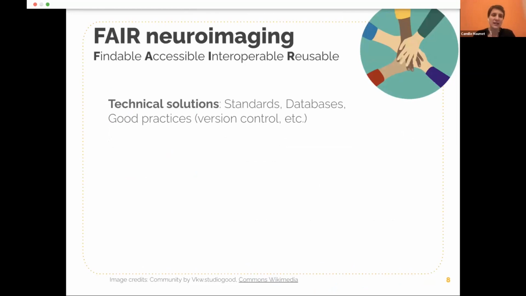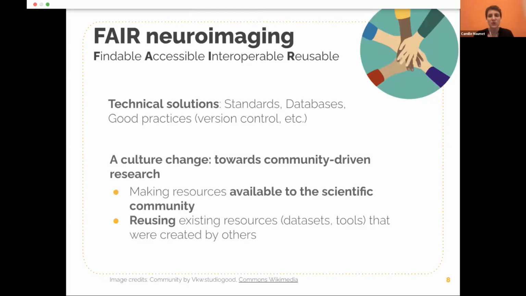But before I start, I want to emphasize that FAIR neuroimaging, as part of open science in general, is also providing a culture change in the research community. So basically by sharing data, the idea is that other people are going to be able to reuse it. And by doing so, we're creating more opportunities to interact between members of the research community. This can be through data, through code, and so on.